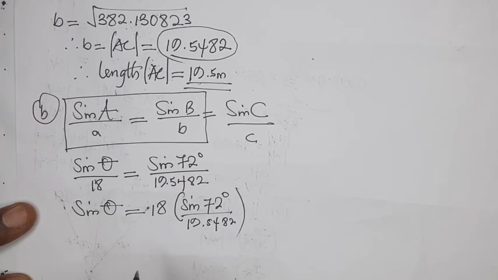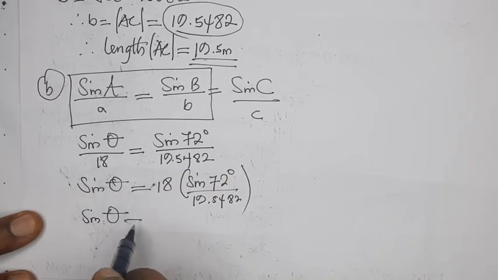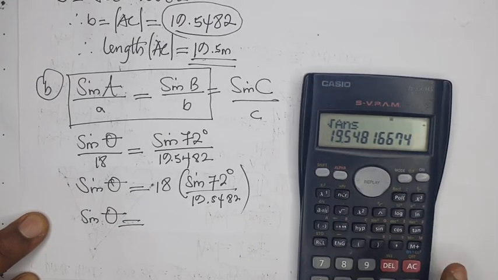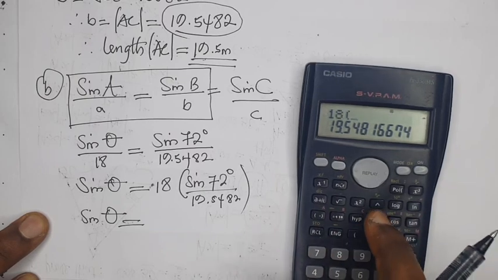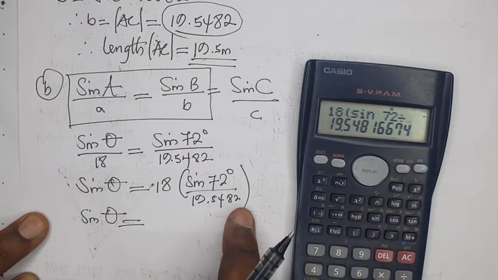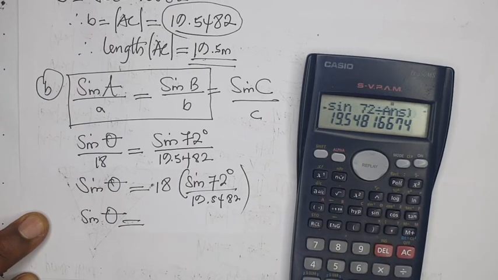So what is the value of this, which we have on the right hand side? That means that sine theta will be equal to, let's punch our calculator and see what that is going to give to us. So I'll go like this: 18 multiply sine 72 divide by the 19.5482. So divide by the answer we already had before on our calculator.